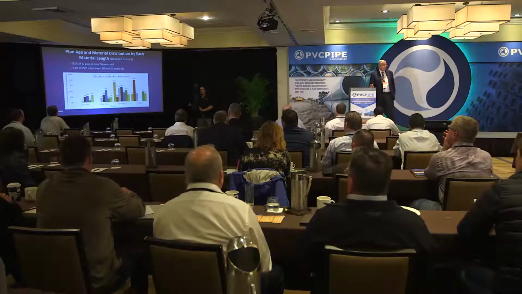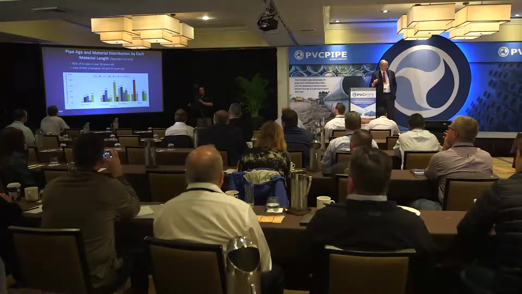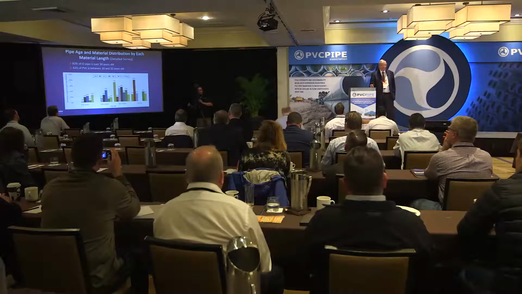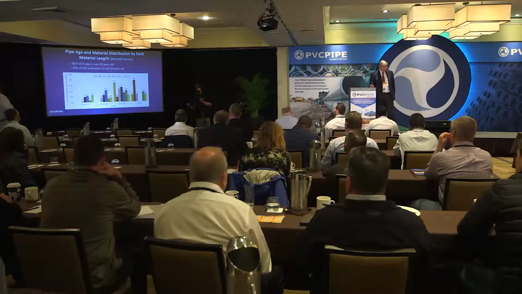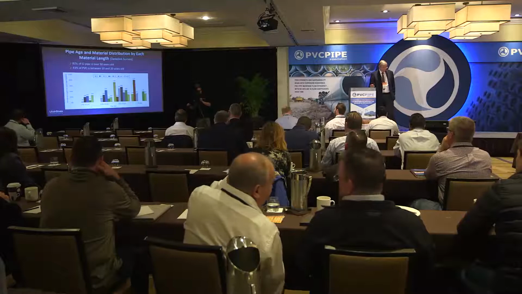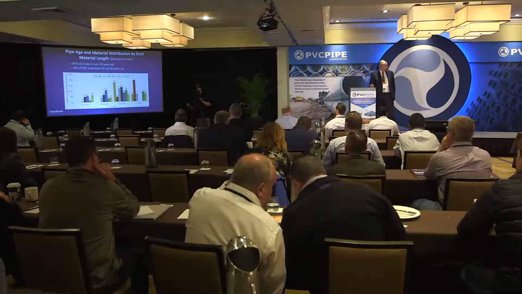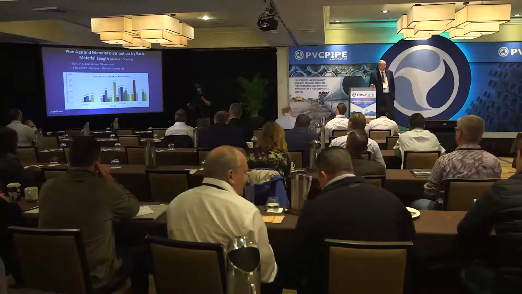Excuse me, I said that wrong. 82% of cast iron pipe that's out there is over 50 years old, and the rest of it is between 20 and 50 years old. You've got 7% of the asbestos cement that's over 50 years old.